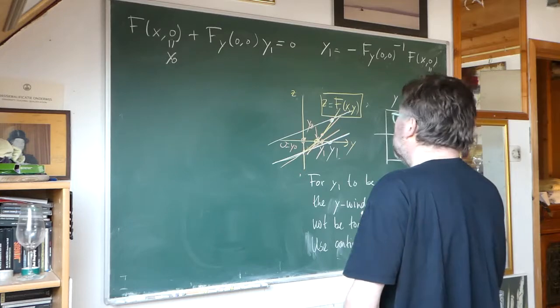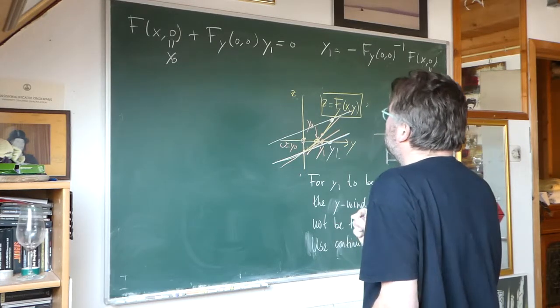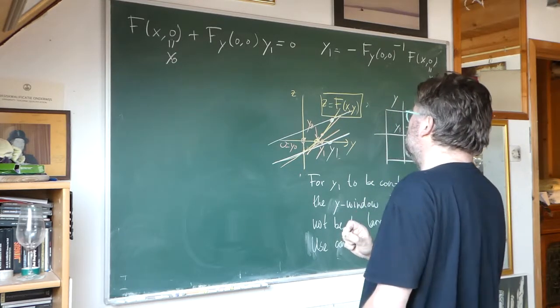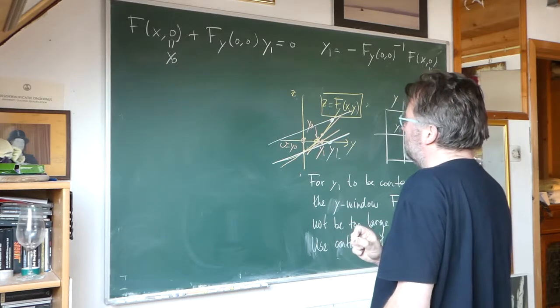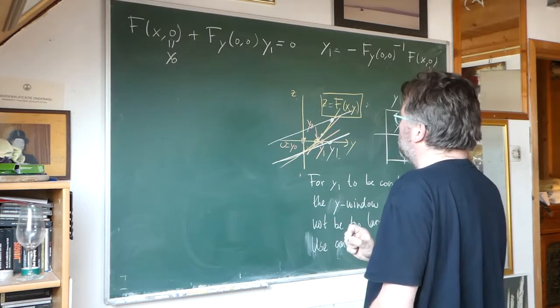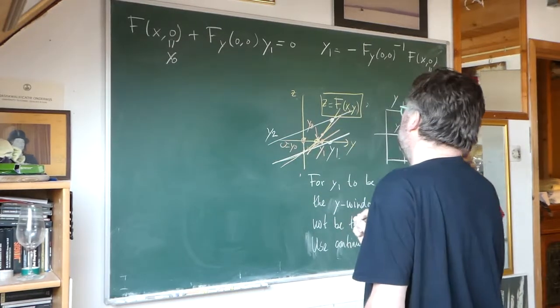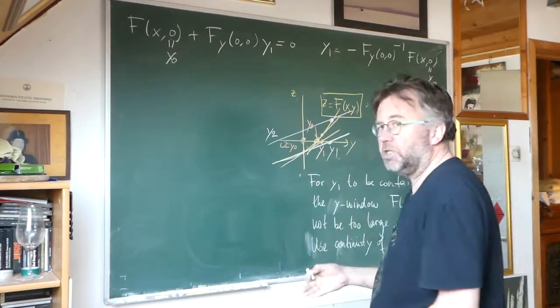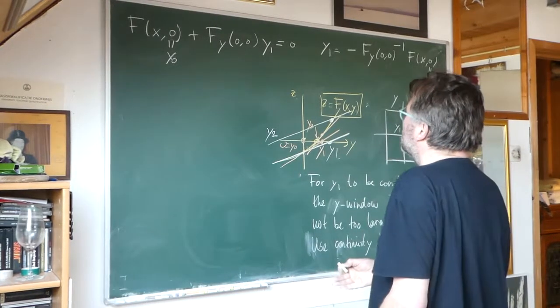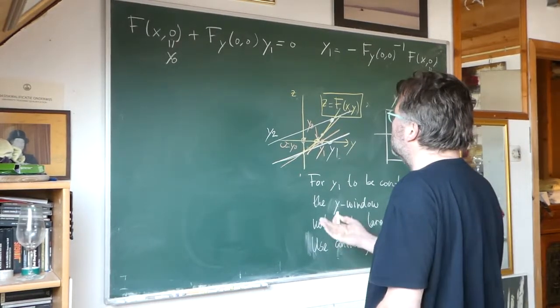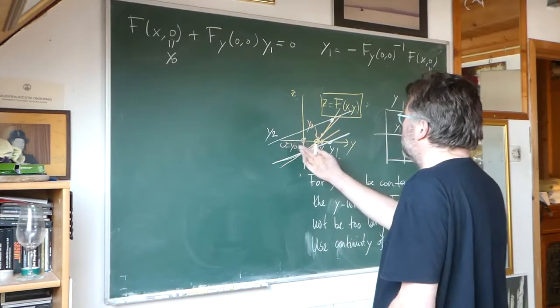I immediately see that this method is not obviously going to give me a convergent sequence of iterates, because my next y2 is going to be here. Without additional assumptions, it's not clear at all that y2 is well behaved.